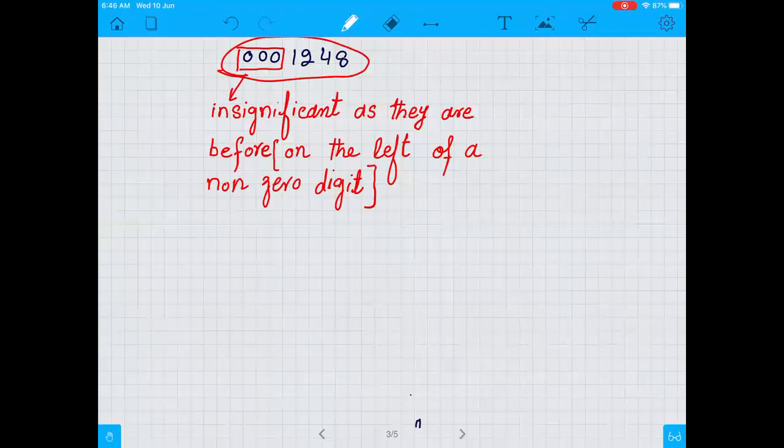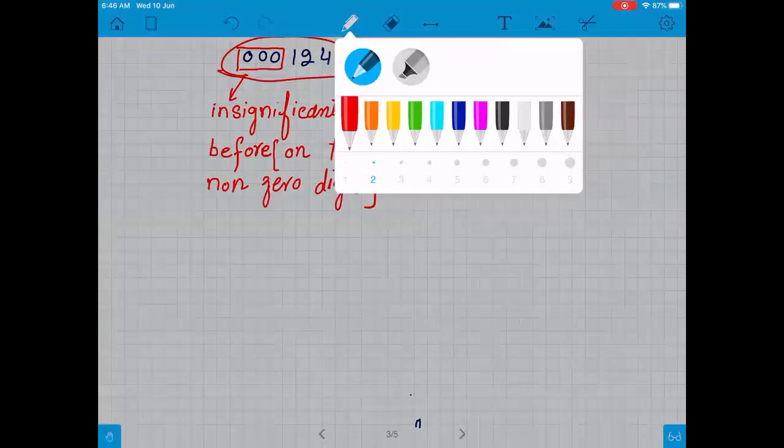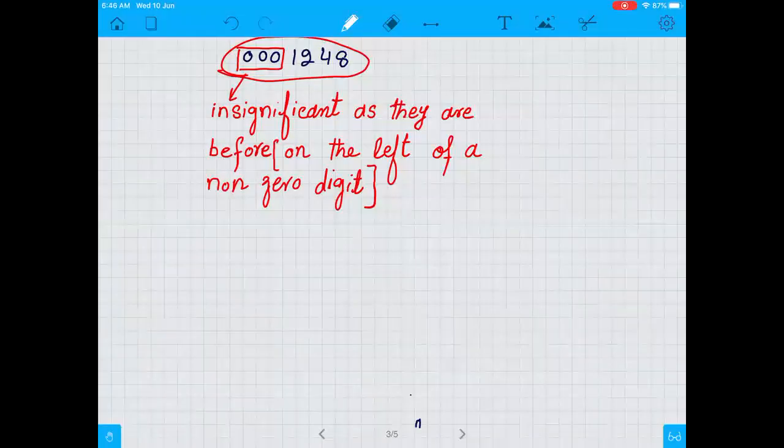Now let's suppose you get a number with a decimal point, and what would be the rule for zeros in that number? You have 0.000125. What is the rule for these zeros? The zeros which are before a non-zero digit are always insignificant. So they are meaningless. Basically, these zeros are in a number to determine the place value of the first non-zero digit.